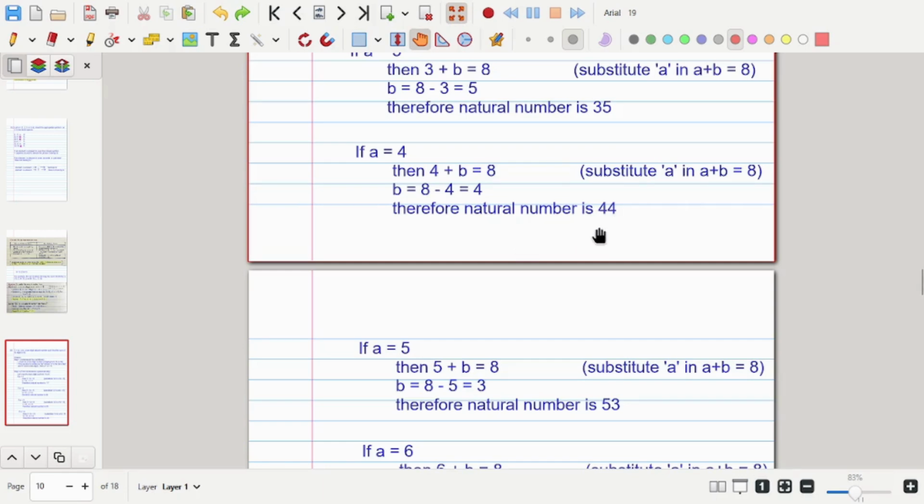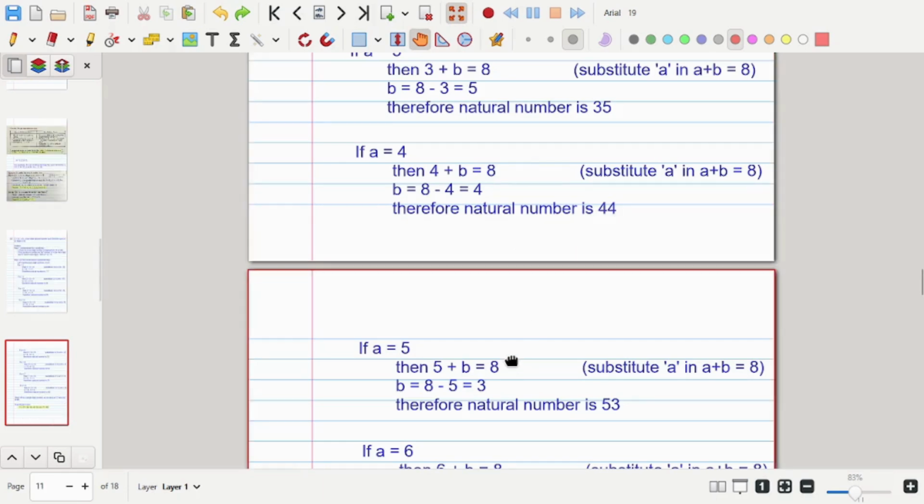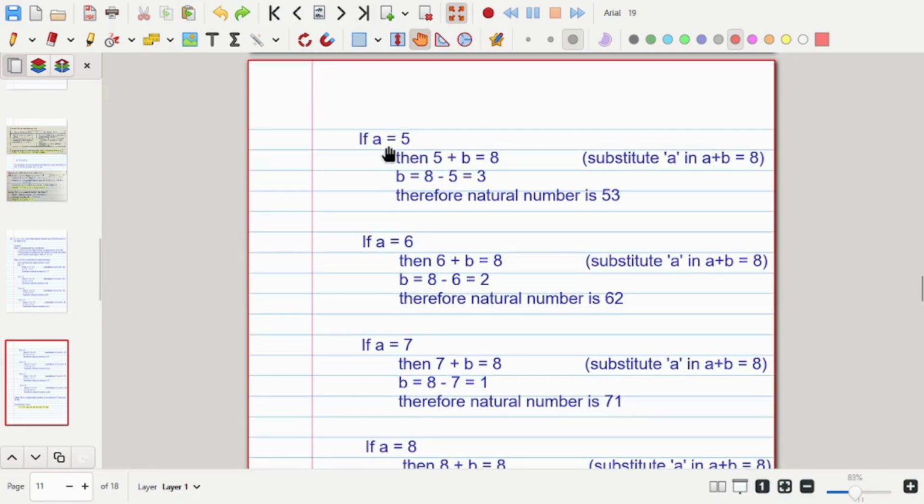Therefore the natural number is 44. If A is equal to 5, then B is equal to 8 minus 5, which is 3. Therefore A is 5, B is 3, and the natural number is 53.